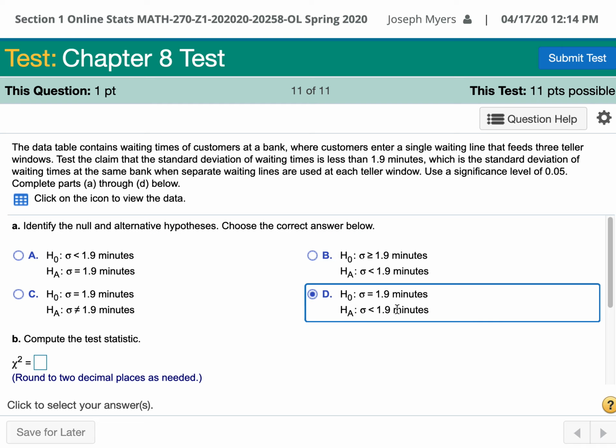Although in reality, it is possible in statistics, in some cases, to have null hypotheses that have greater than signs as long as they also have an equal sign. So if you've ever had a statistics class with a different textbook before, you might be a little bit confused. So I wanted to make sure that you knew that in this test, the only one that will count correctly is the one that has just the equal sign in the null.